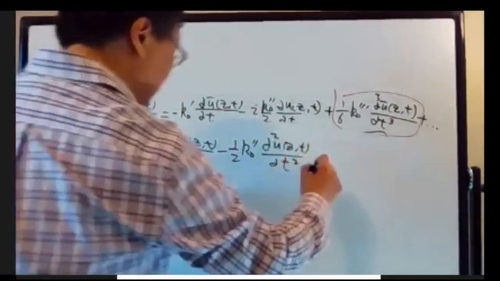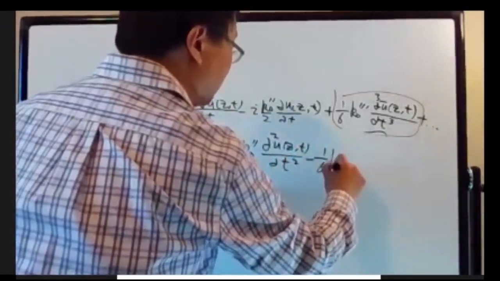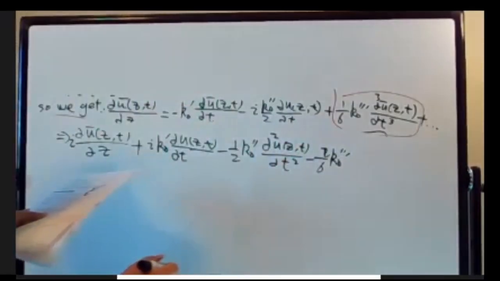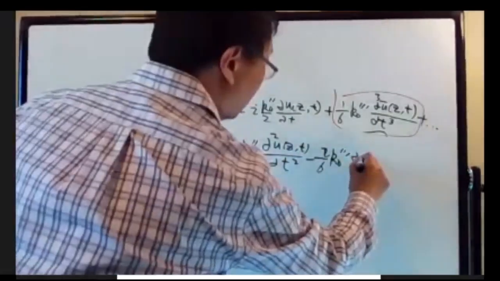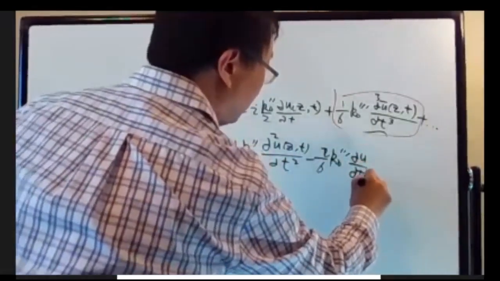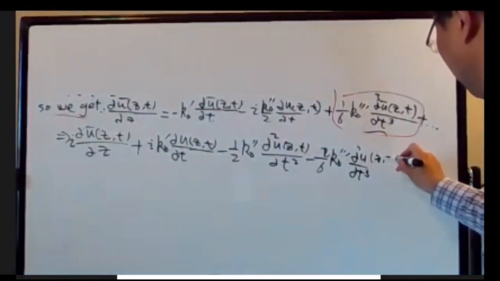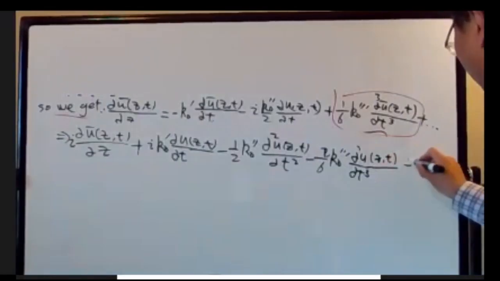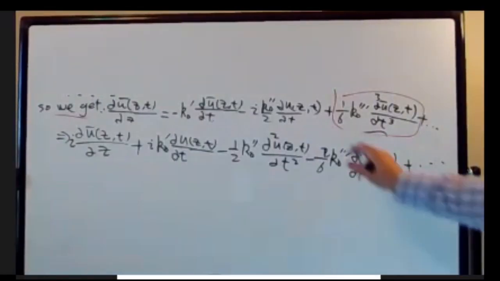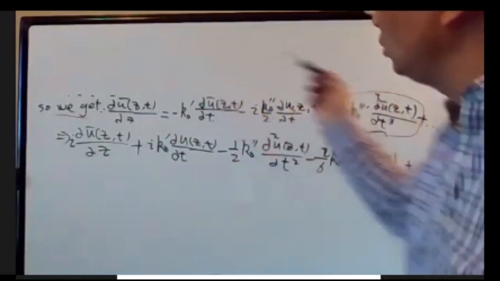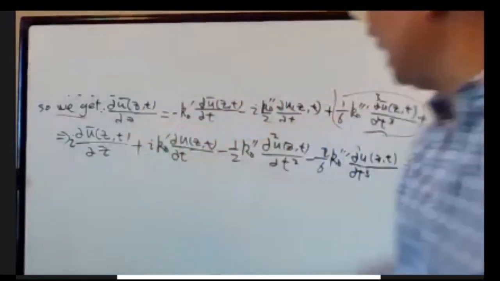Square, minus 1/6 k naught triple prime i, and then partial u, partial t cube, zt, plus all the way down, right? So I just move the right-hand side to the left-hand side and add an i.